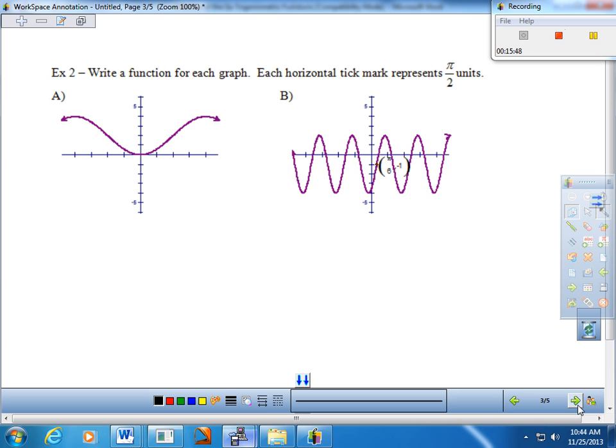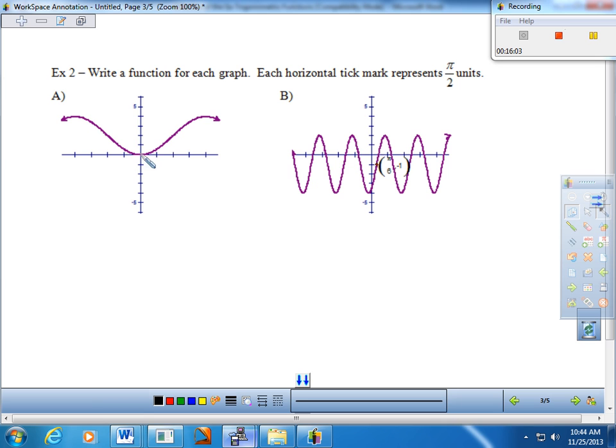So I've got letter A, and this one does not require a phase shift. It is definitely sinusoidal. So let's see what we want to do here. I guess what I would ask you is, do you see the y-intercept is down at the minimum? So what does that mean in terms of sine versus cosine?